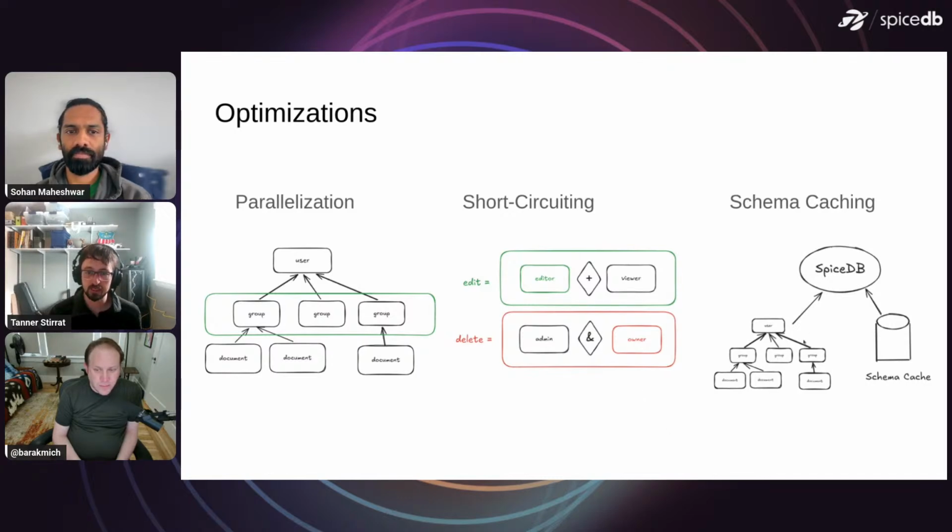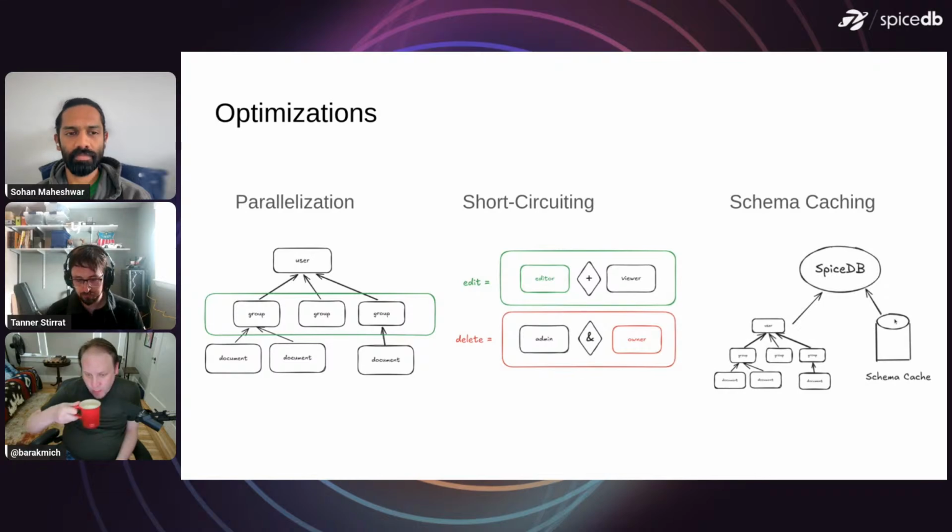We also have schema caching. So the picture is that on the left is the work that SpiceDB is doing to walk through your schema, and on the right is it fetching the schema so that it knows which paths it needs to walk.